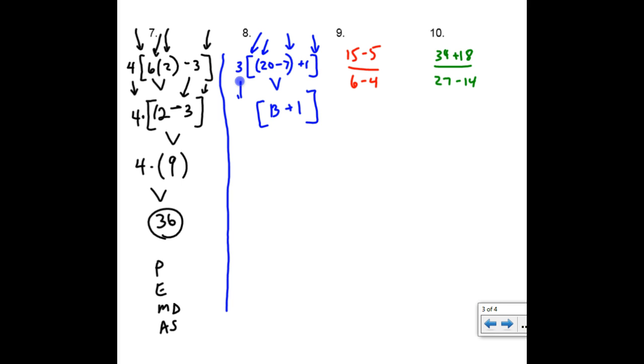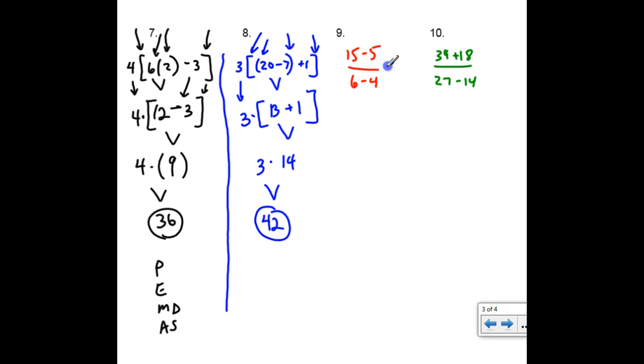But this 3, don't forget about him. That 3 is still there. You have 3 times that there. So we go ahead, 13 plus 1, that's 14. And 14 times 3 is now what we have to work out. And that works out to be 42. So there you've got it.